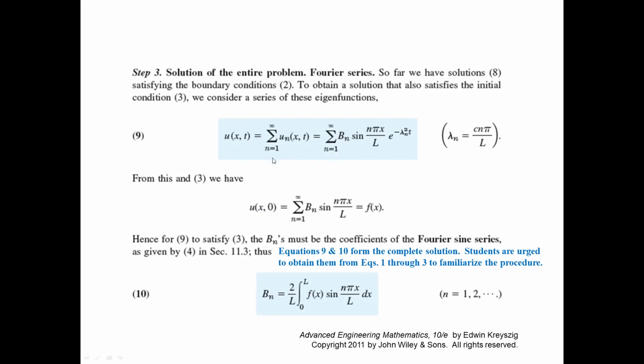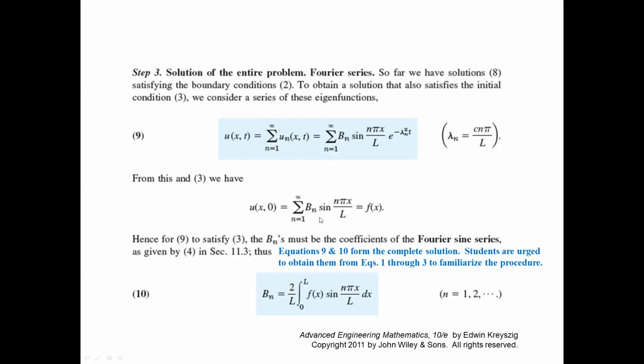It involves the summation of all possible u sub n. Then this is what we obtained on the last slide. Put in there, then the coefficient is still unknown. So we use the initial condition, we get this expression. If we look at this expression, the right-hand side is the given initial condition.